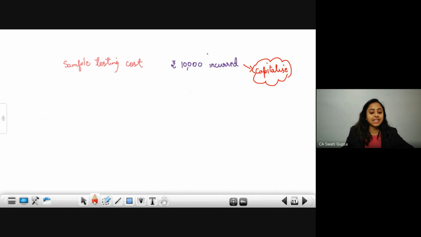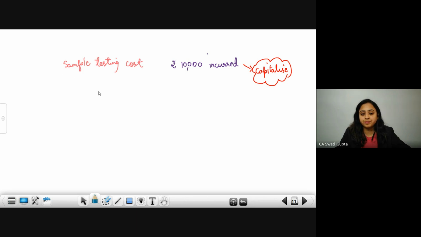Whereas, for example, there will be some scrap out of this production. Maybe the samples are not up to the mark. They are not in a situation to be sold in the open market because they are not of the correct quality.